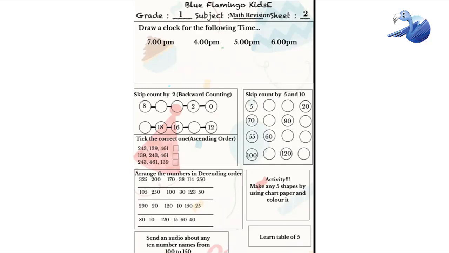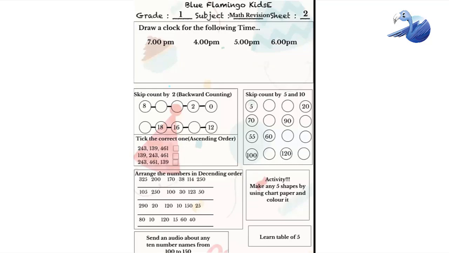First is 241, 139, 461. Is this correct ascending order? No, this is wrong because 139 is the smallest number. Next is 139, 243 and 461. Is this correct or not?